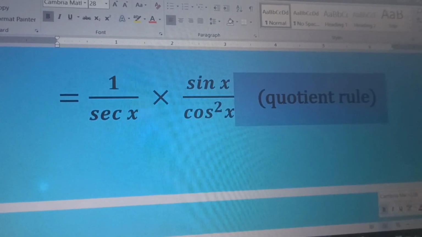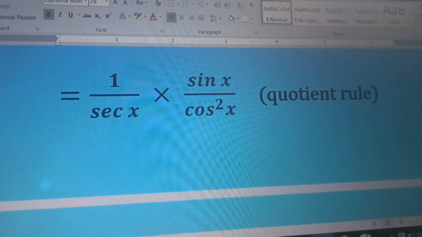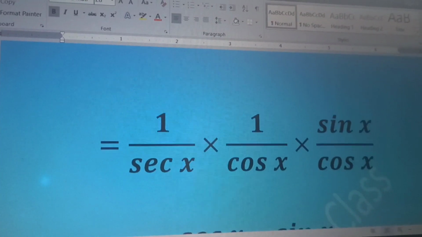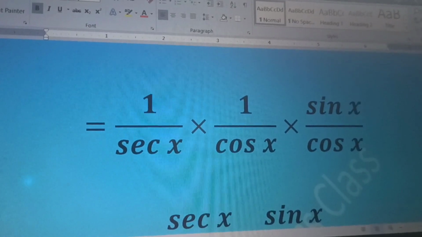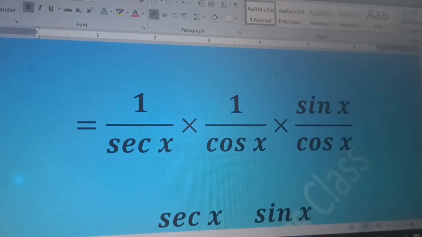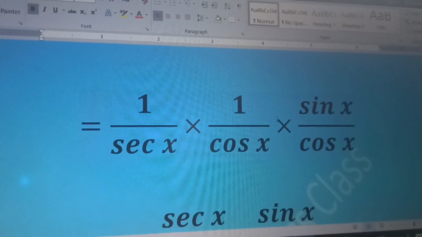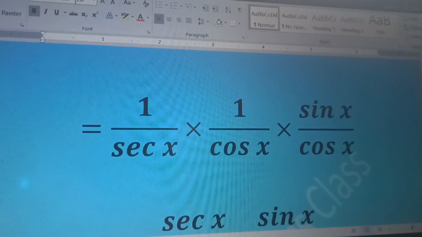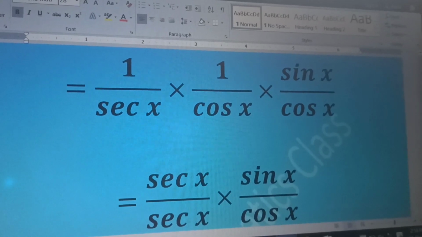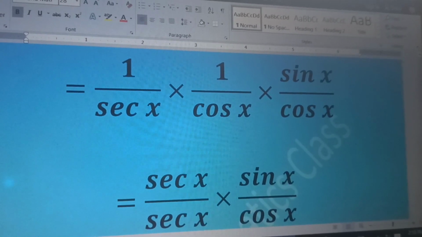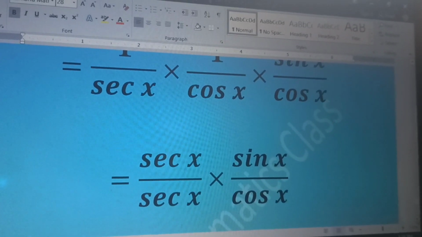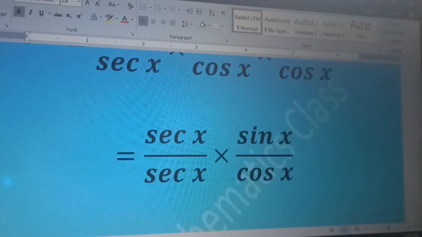We have here 1 over sec x multiplied by 1 over cos x multiplied by sine x over cos x. You see, 1 over cos x, again, we will express it as sec x, so that the middle term will now give us sec x, and we will have sec x over sec x multiplied by sine x over cos x.